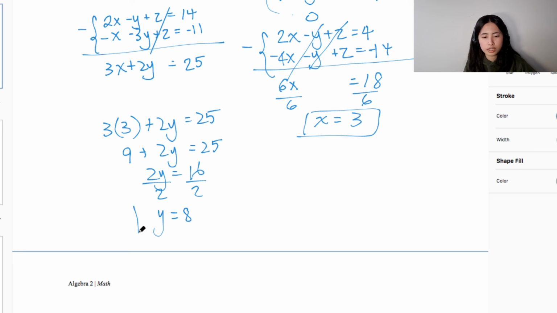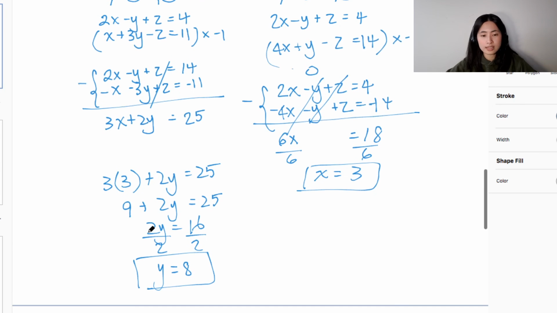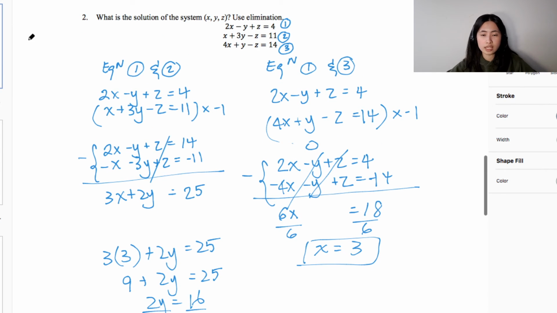So now that you know that y is equal to 8, right, and you know that x is equal to 3, so the last step would be to find what z is, right? And obviously you need to go back to your original equation and you're going to pick whichever one you prefer. Either equation 1, 2, or 3 is fine, as long as you make sure you plug in your x, your y, and your z. So maybe we can just use equation 1, which is 2x minus y plus z, and that's equal to 4.